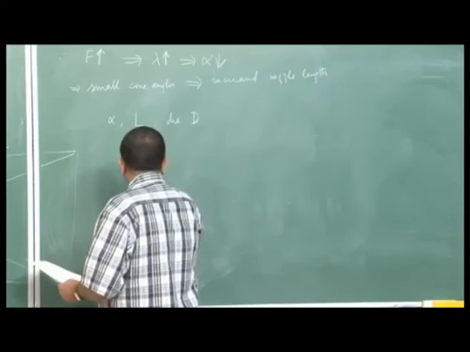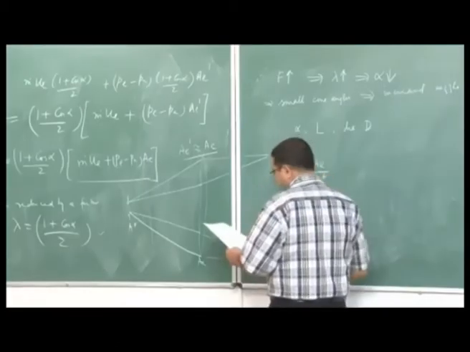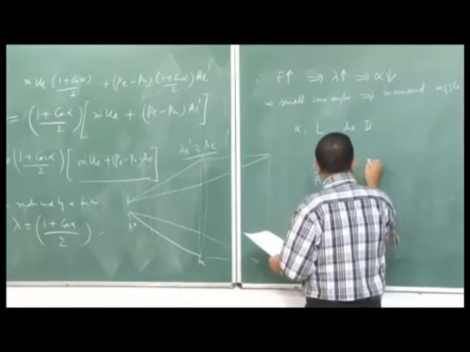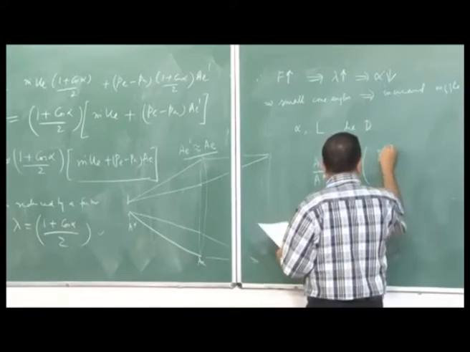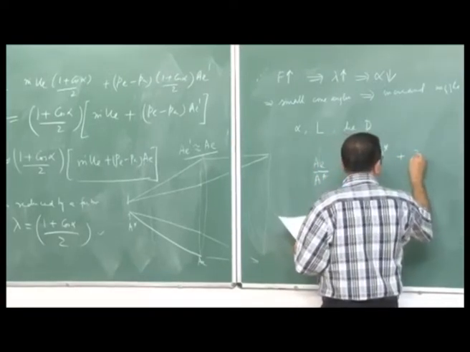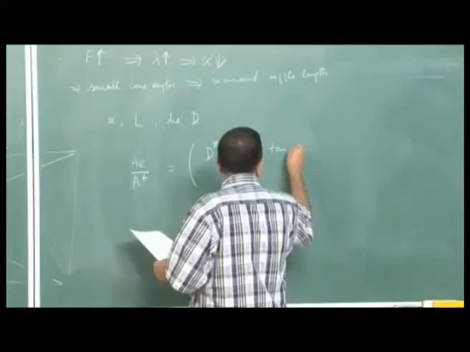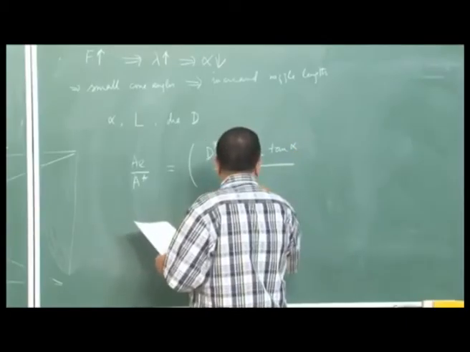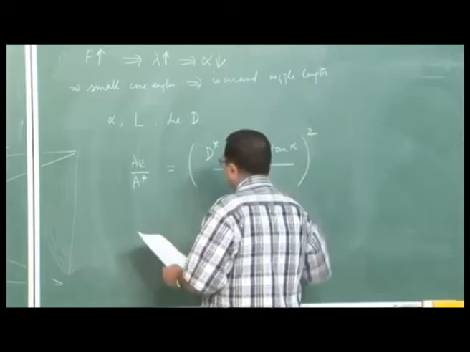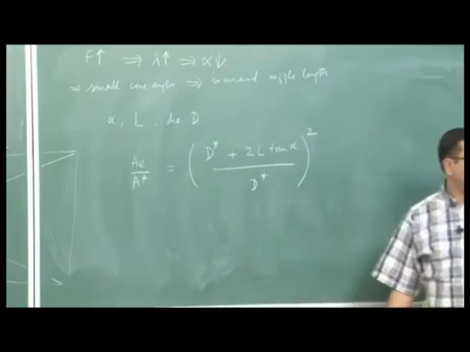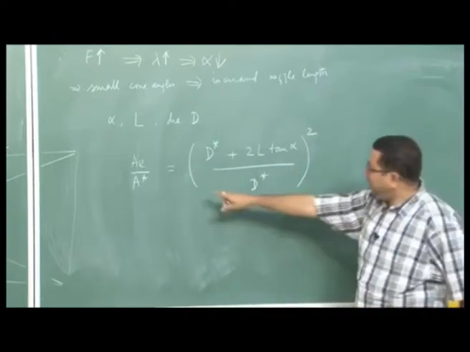If I estimate this area ratio A_E by A star, it will be a function of the throat diameter D star plus 2 L tan alpha, divided by D star, all squared. This is the area ratio expression.